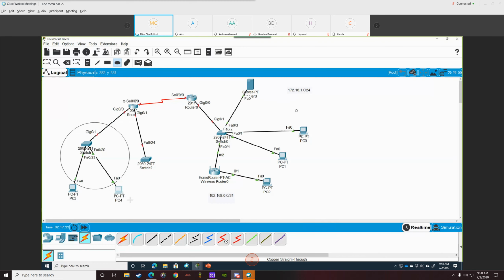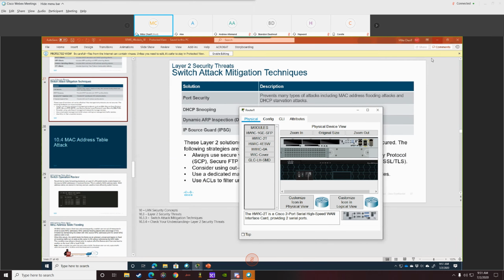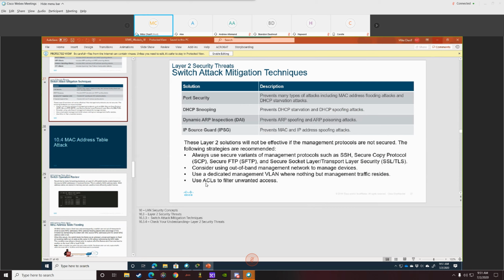You filter who you want in your network, and that's what they're talking about. Yep, and that's what they say: use ACL to filter unwanted access.